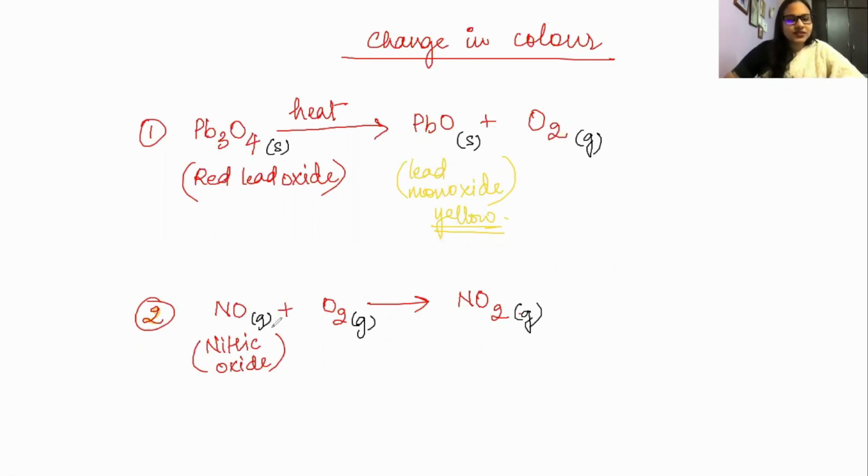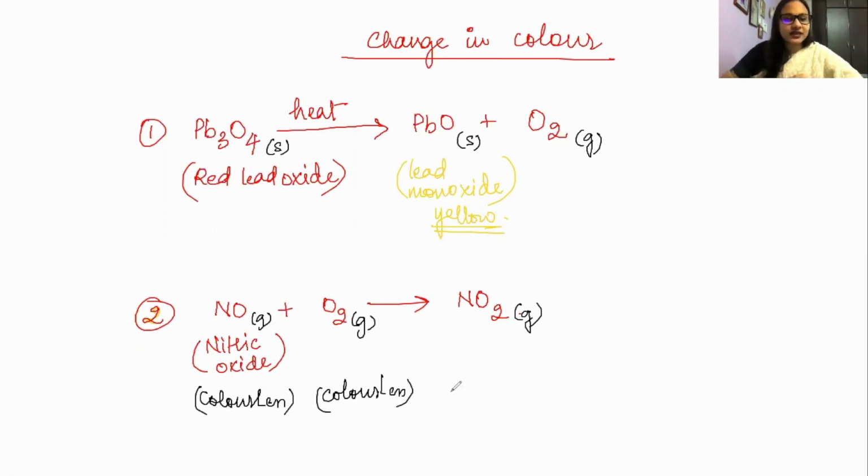So when nitric oxide is reacting with oxygen, both of these reactant gases are colorless. So how do you know that the reaction is complete? You will know that the reaction is complete if you see formation of a brown color fume at the end of the reaction.